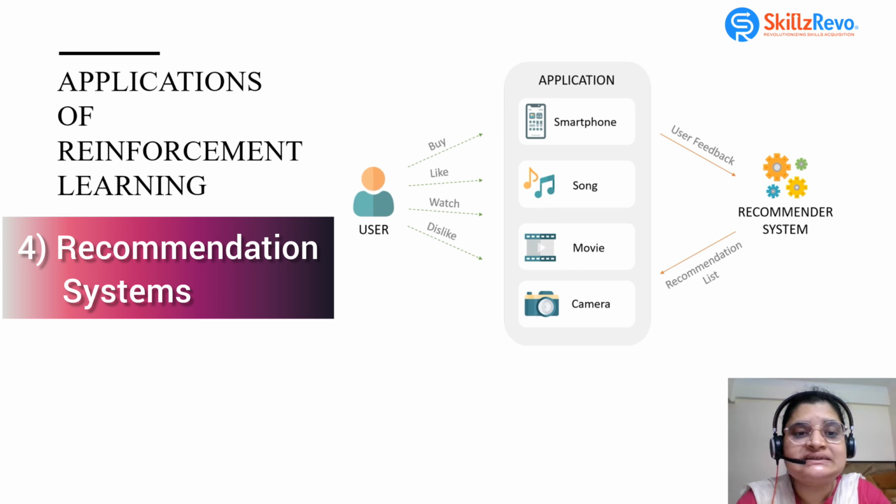Reinforcement learning facilitates a balance between exploration, that is, trying to find out new recommendations, and exploitation, reinforcing successful recommendations, allowing systems to improve continuously as the user interest evolves. We'll be discussing more about the exploration exploitation trade off in reinforcement learning later in this course.